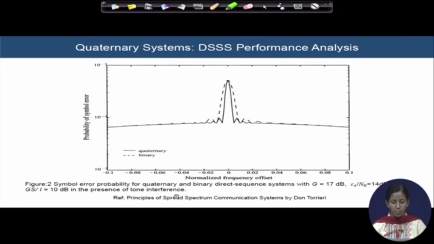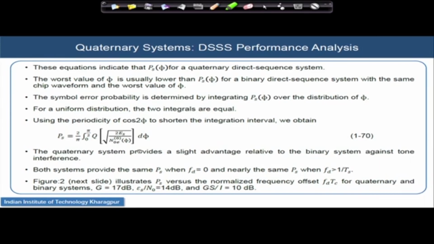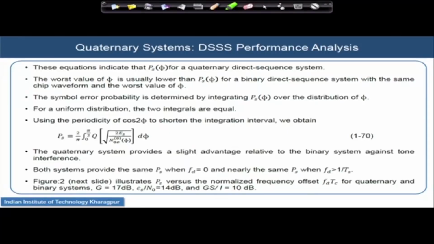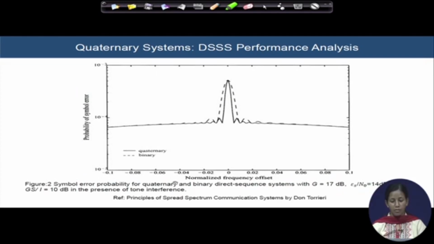The symbol error probability we derived assumed perfect synchronization between transmitter and receiver, with the carrier frequency perfectly known, which is not a valid assumption in practice. In a system implementation there is a normalized frequency offset between transmitter and receiver, so how do both vary as the offset increases from 0, which means perfect synchronization?